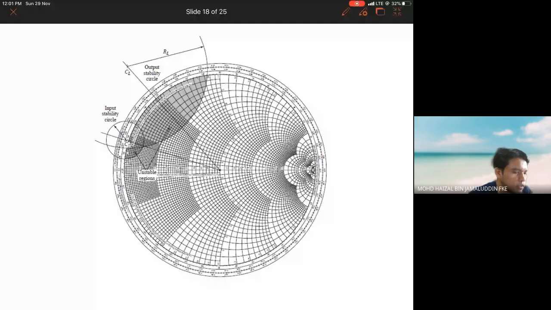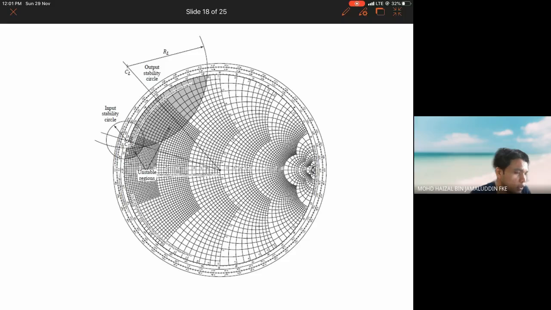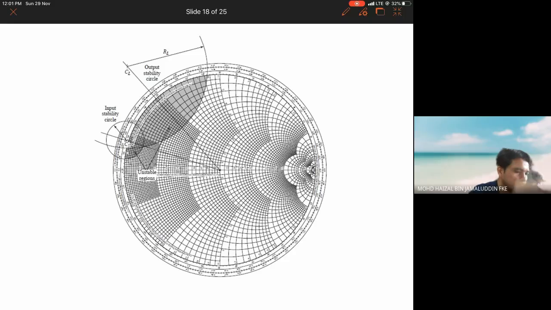So this is the real result for this question. Actually, you need to try it at home after this. You can do it for both the output stability circle and the input stability circle.